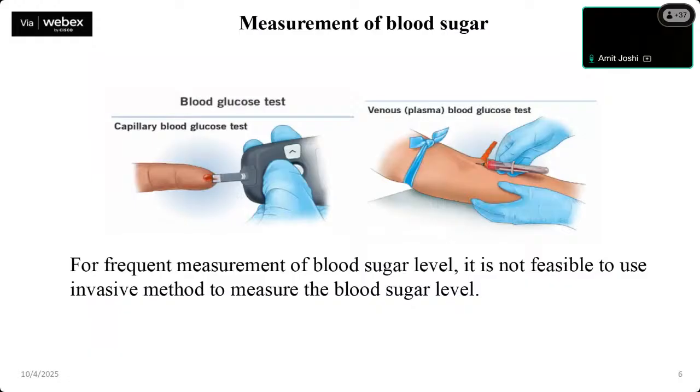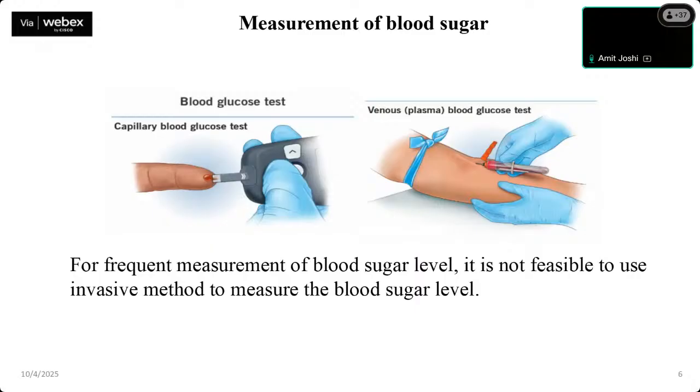The blood sample is captured from your body, then all the heavy particles are removed, and only the particle which looks like water is used for glucose measurement. So that is serum glucose.